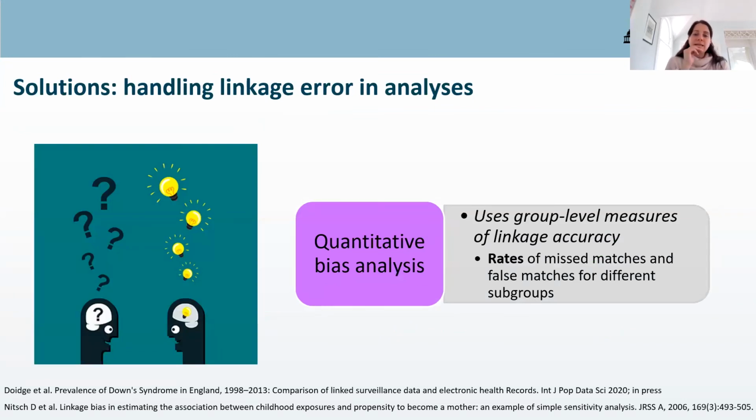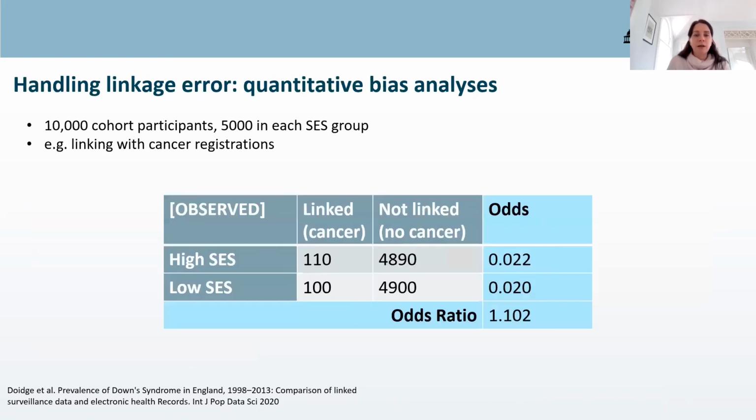The second approach is to use quantitative bias analysis, where we estimate linkage error rates, mismatches and false matches within subgroups if necessary, to work out what the answer would have been in the presence of no linkage error. And then we can see how much linkage error would be needed to change the interpretation of our results.